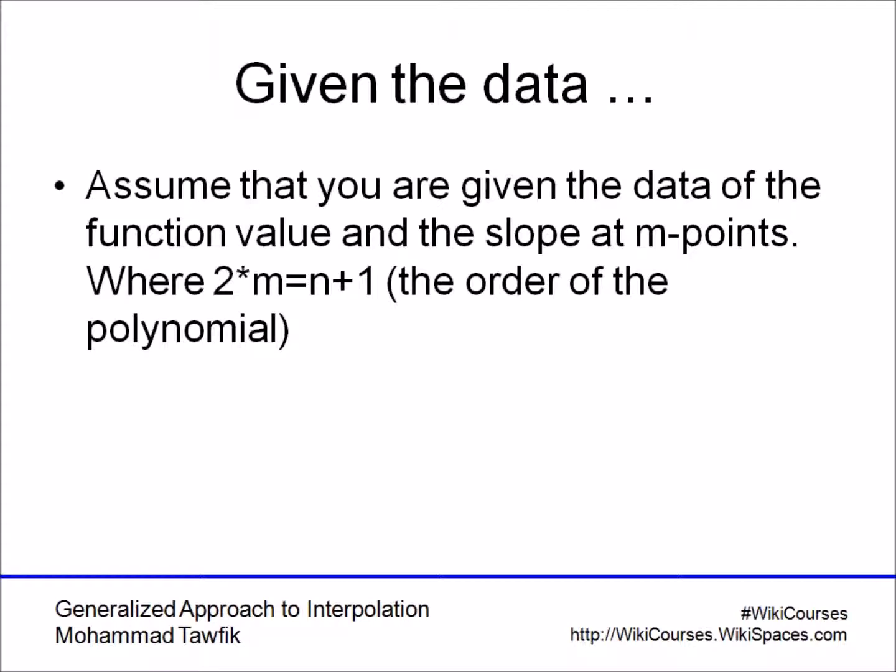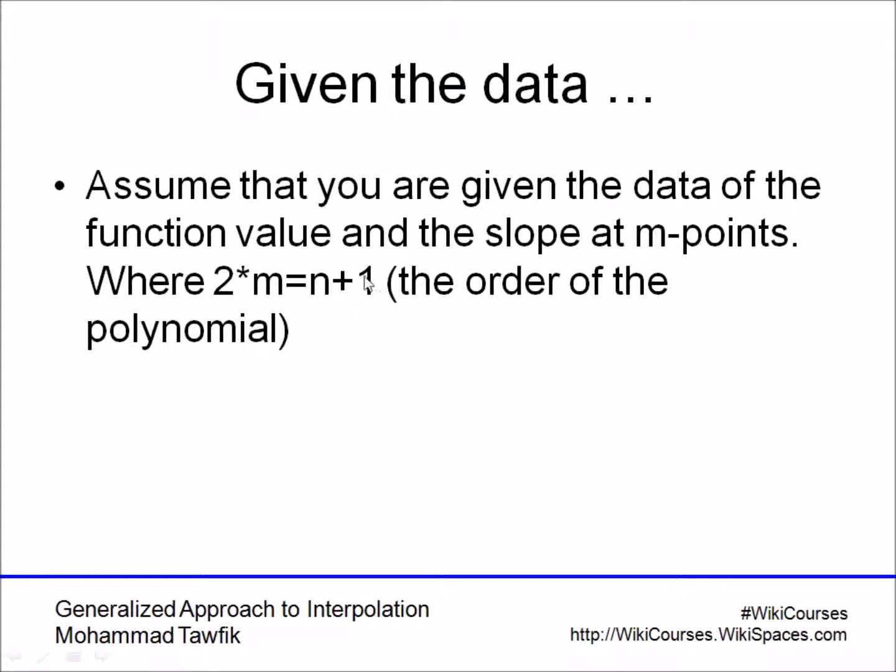So again, you have 2m data points. Half of them are just x and y, and the other half is x and dy by dx, or what we call y prime.